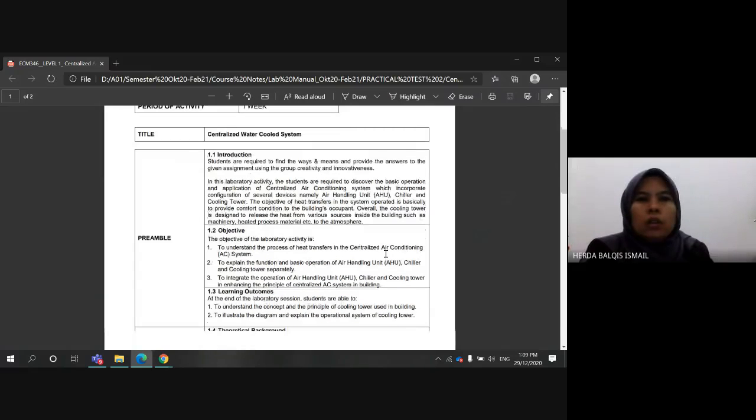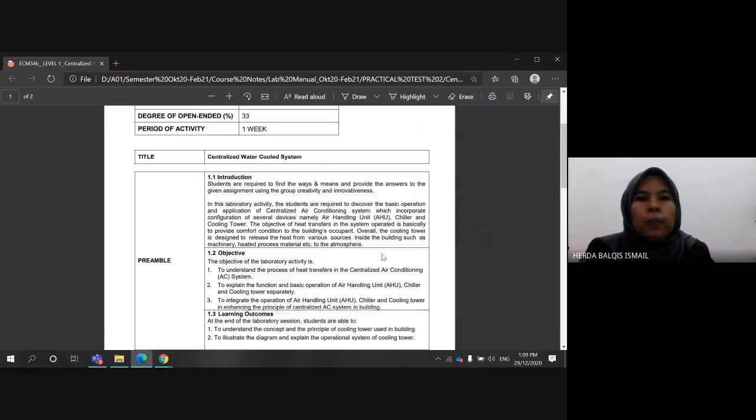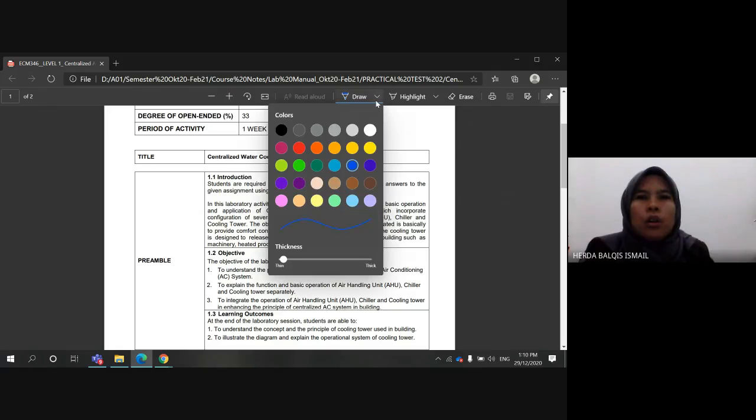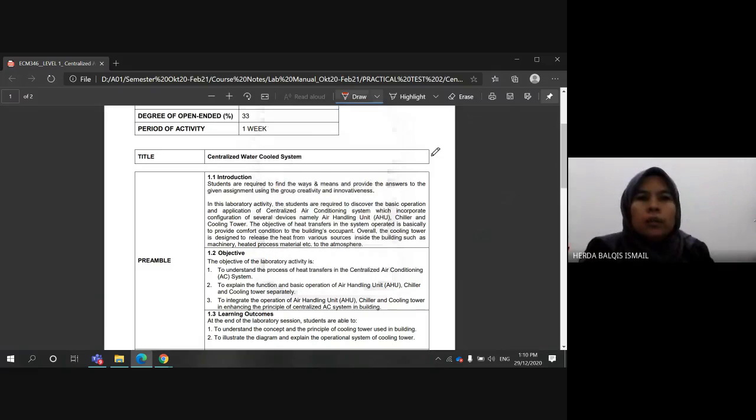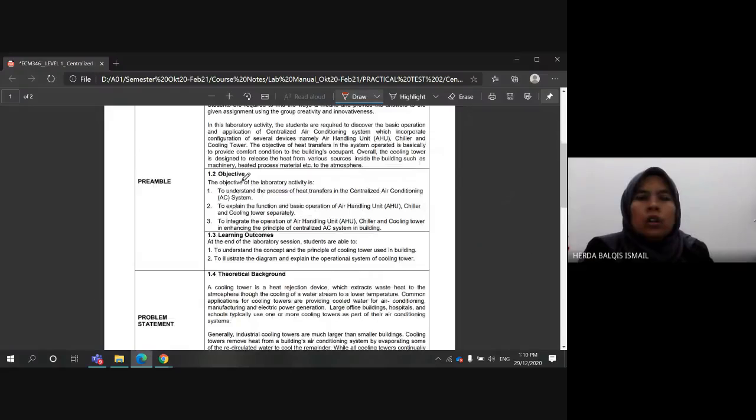So what you need to do, basically, by conducting the activities of this lab, is that each student will try to explore more on the system. In order to achieve the objective, hopefully at the end of the session, students are able to understand the process of heat transfer in the centralized air conditioning system.